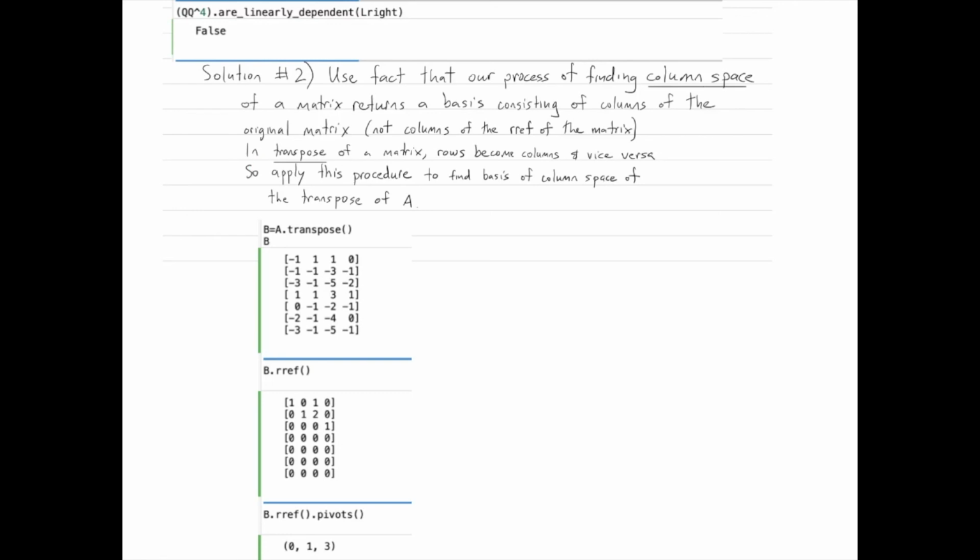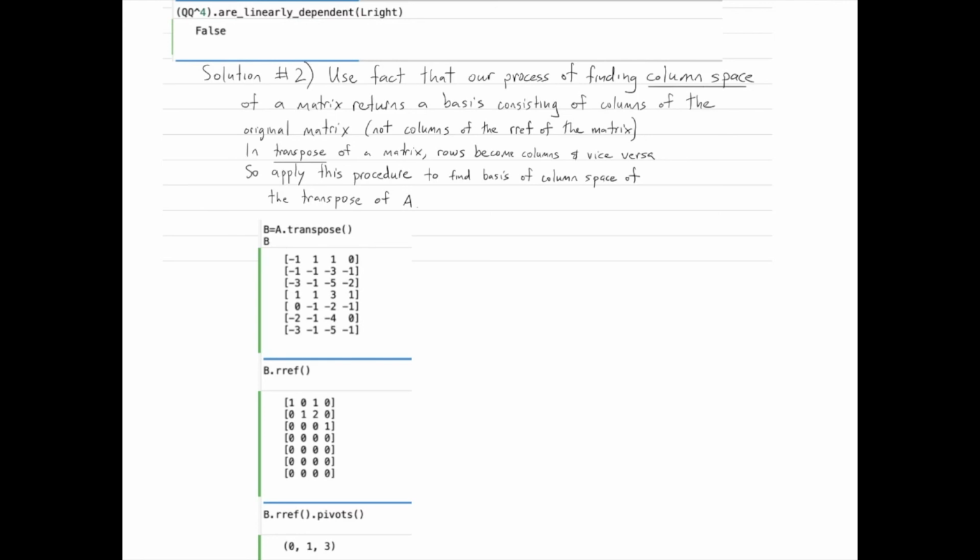In taking the transpose of a matrix, the rows become columns and vice versa. So the transpose is where you just flip the matrix. So we apply this procedure to find a basis of the column space of the transpose of A. So I had A above, and then I let B be the transpose of A. So that just flips A.